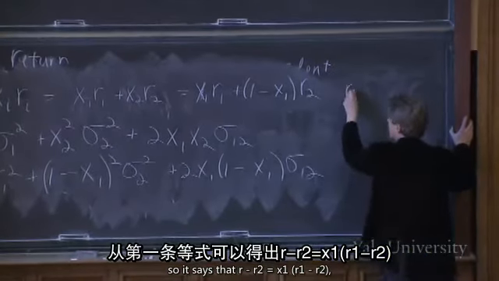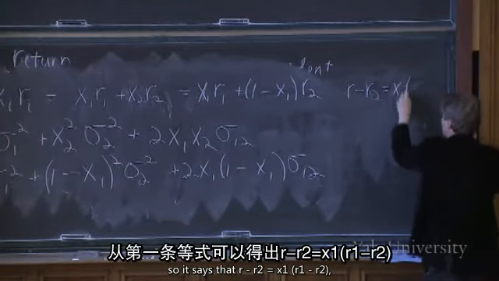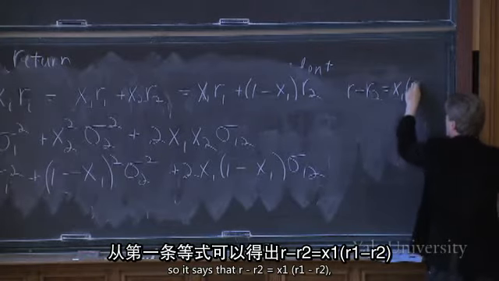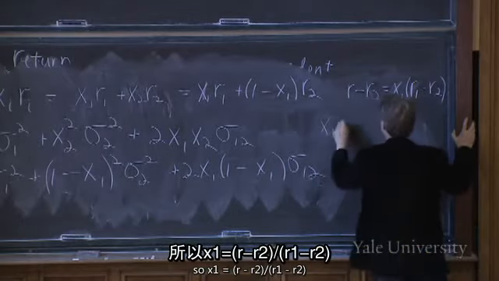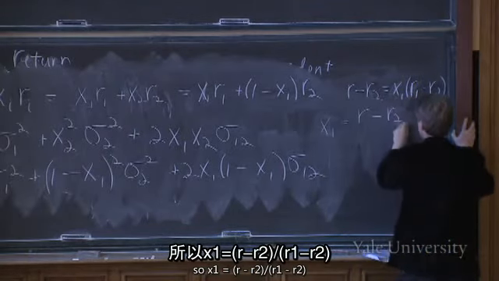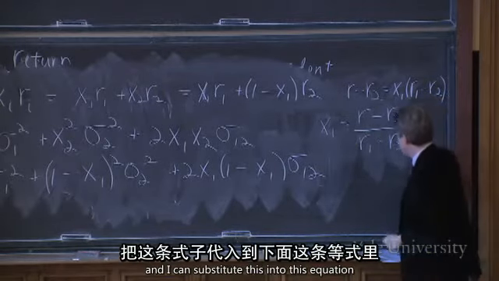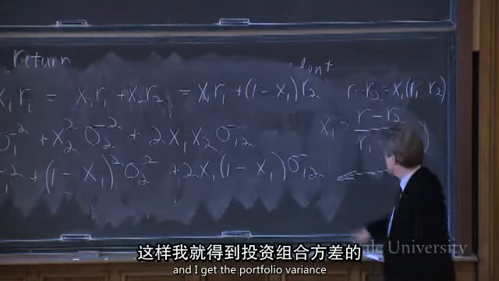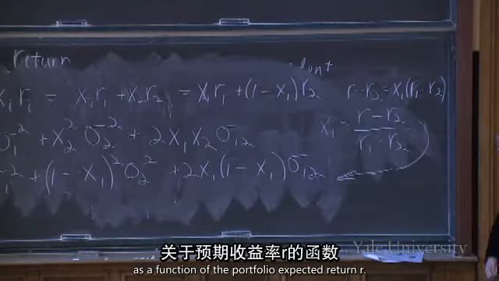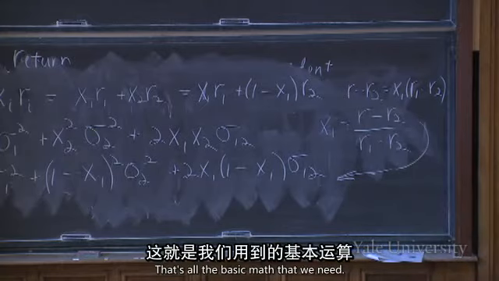It says that r minus r2 is equal to x1 (r1 minus r2). So x1 equals (r minus r2) all over (r1 minus r2). And I can substitute this into this equation, and I get the portfolio variance as a function of the portfolio expected return, r. And that's all the basic math that we need.